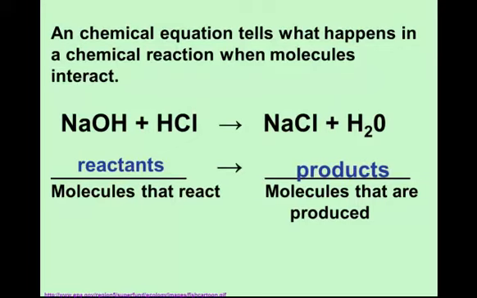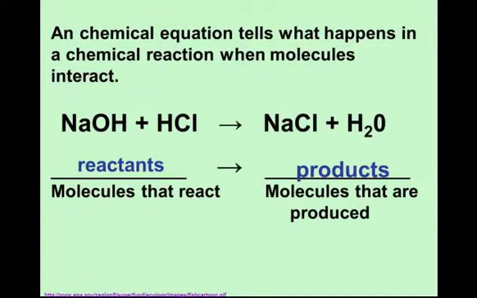So this little chemical equation here is telling you that if you take sodium hydroxide, which is a base, basically the stuff that we find in oven cleaner, Drano, and combine it with HCl, hydrochloric acid, there's a chemical reaction that happens. That's what that little arrow means. And we get sodium chloride, that's table salt, and water.